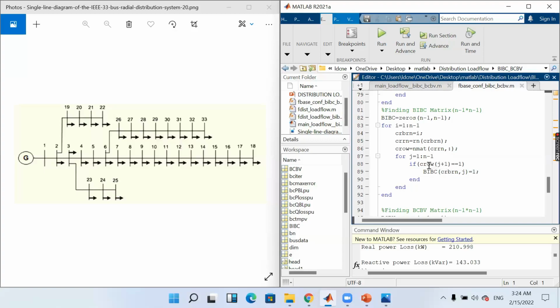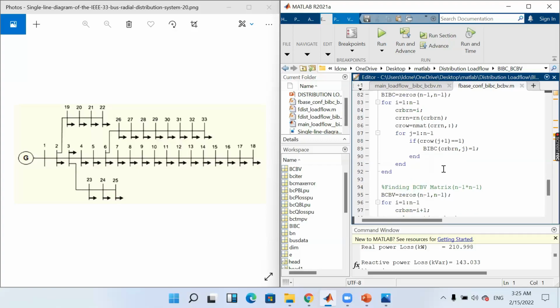So in that copied row, if the j plus 1th column has value 1, that is, the branch j feeds the load of bus j plus 1, then the corresponding element of the BIBC matrix must be 1. Like this, we can calculate the BIBC matrix.